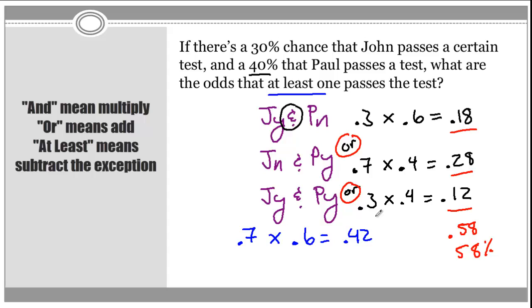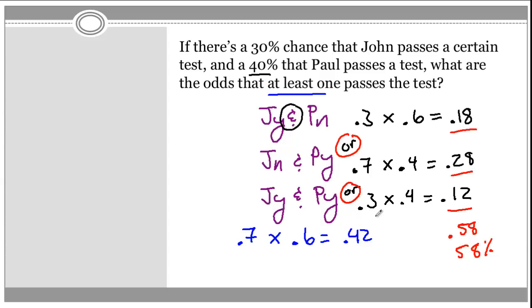So 42% of the time, no one passes. That means the rest of the time, at least one, possibly both, pass the test. So I simply could have taken 100% of the time, subtract the 42% when no one passes, and that would have given me, look at that, the same answer, 58%.